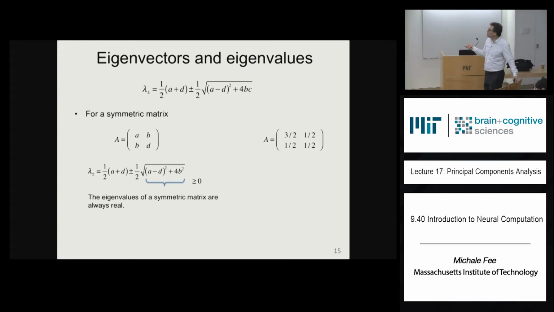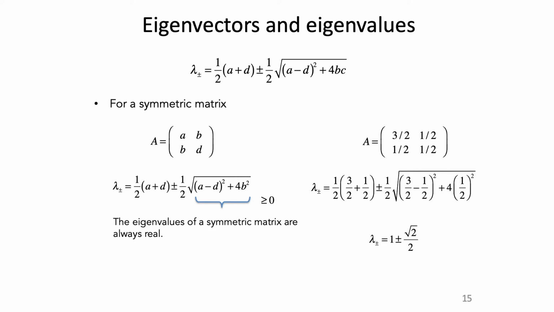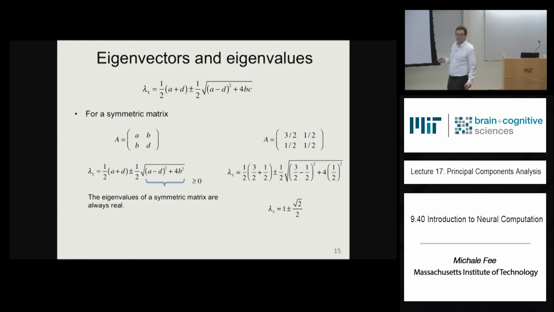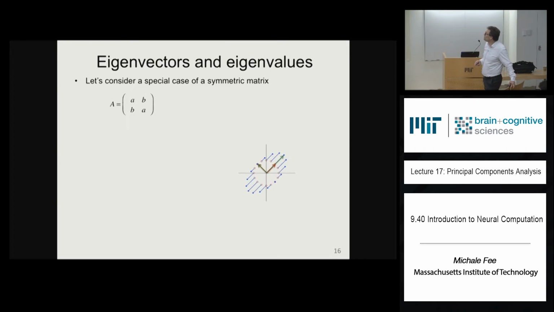So let's take just an example, and plug those into this equation. And what we find is that the eigenvalues are 1 plus or minus root 2 over 2. So 2 real eigenvalues.